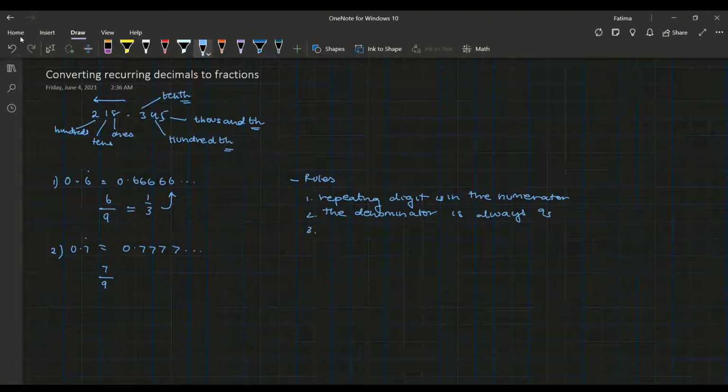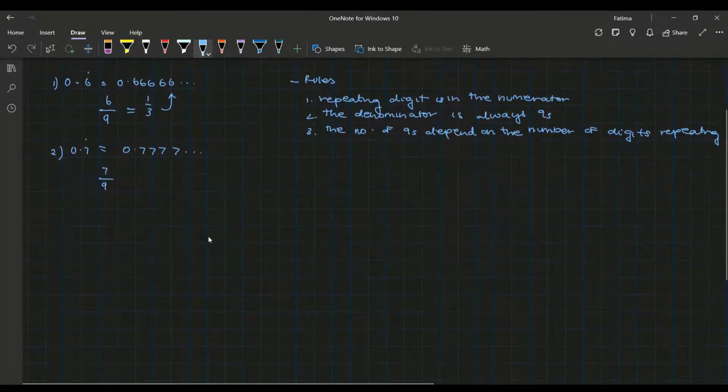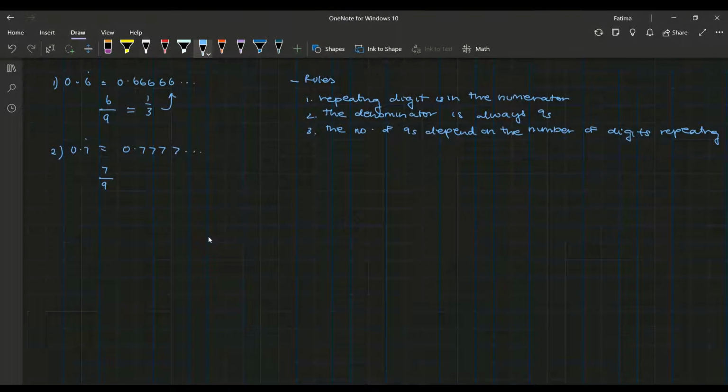And the third one is that the number of 9s depends on the number of digits repeating. Okay, so let's apply these rules and move on to a few more complicated examples.